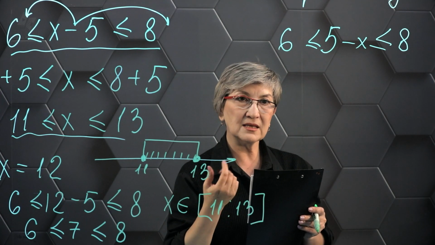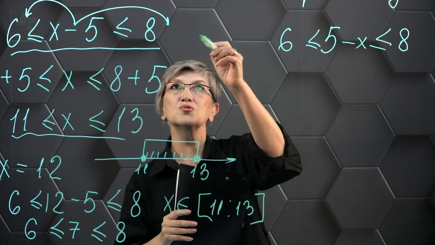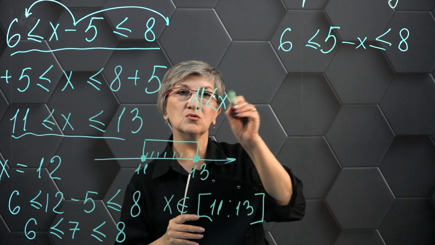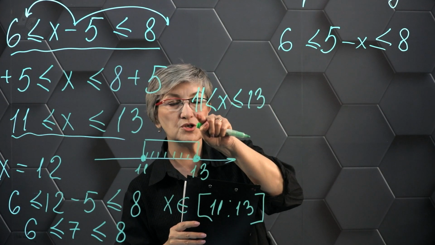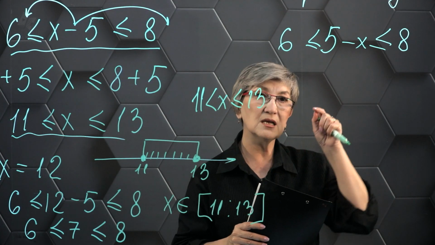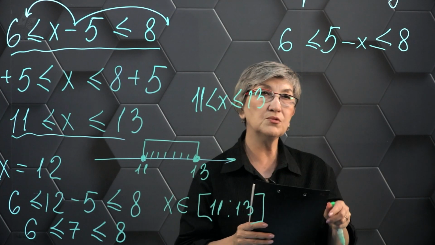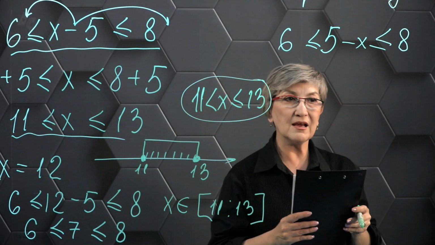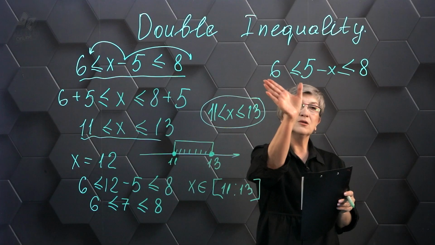For example, if I write x is greater than 11 but less than or equal to 13, then in this case I will understand that the number 11 itself will not be our answer, and the number 13 will be included in our answer. But for now, we will work with those inequalities that are written on both the left and the right using the same signs.